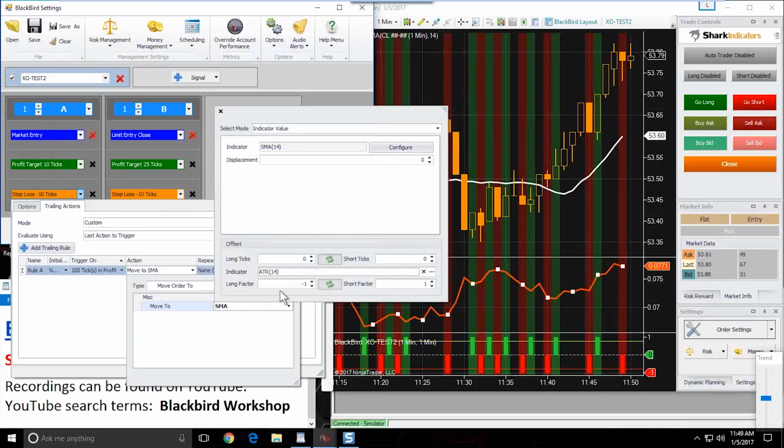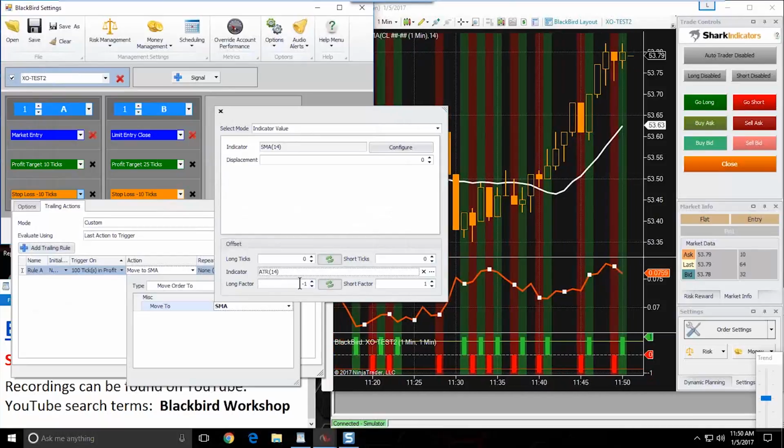And so if I decide to use the ATR, and I have a long factor of -1, so if we look at this as a whole, we're taking the SMA 14 as kind of our anchor point, and then we're modifying the price of the SMA 14 with an offset.